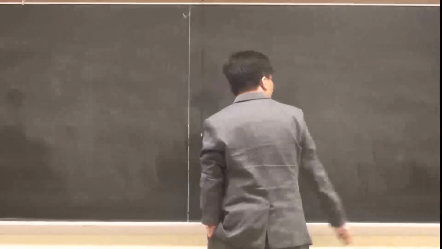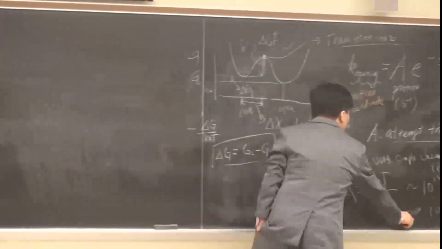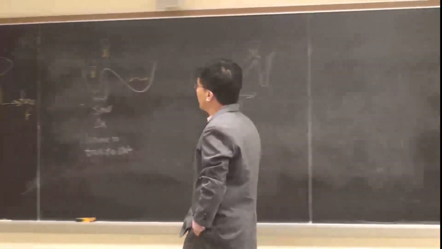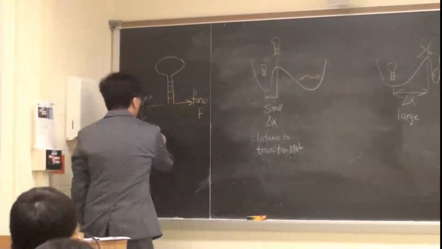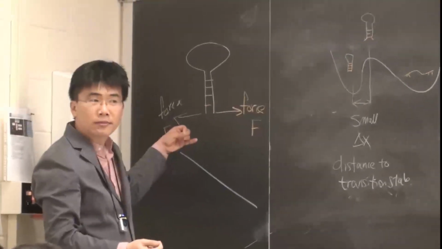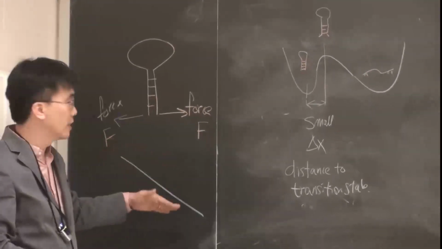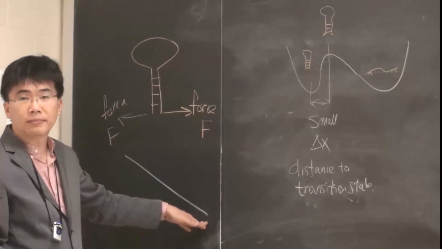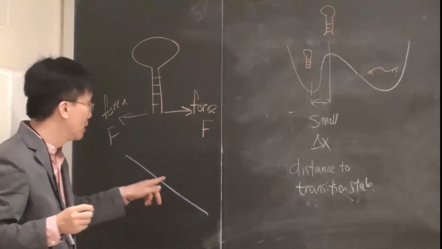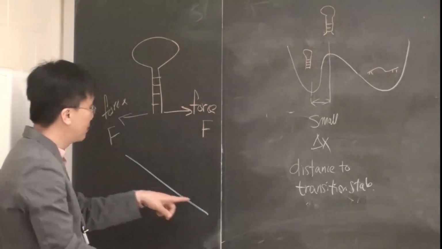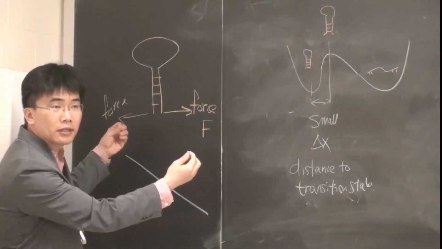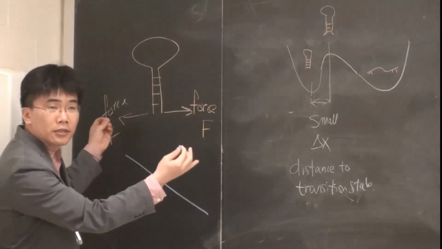So what you can think of this is, when you apply force, you're actually applying additional potential energy to the system, so that when x becomes large, you have a lower energy. Nature wants to keep things in the lower energy, so basically force will prefer a conformation state with larger distance.